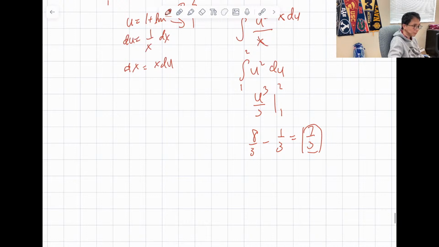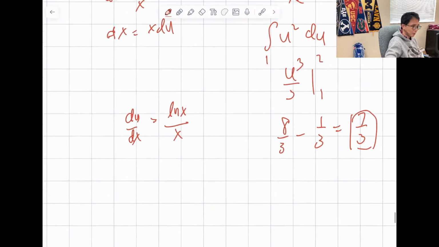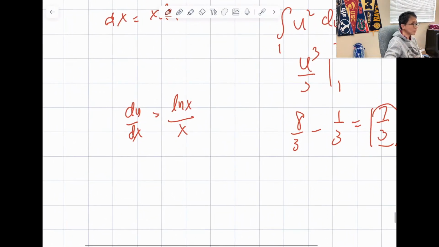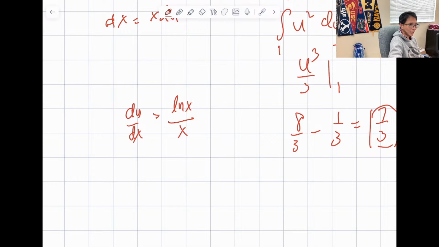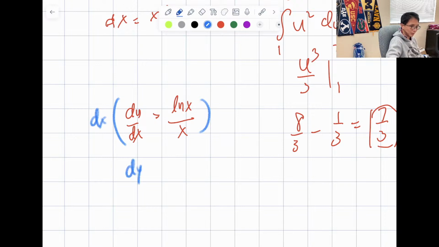Okay, dy/dx is equal to ln of x over x. Now, I like this one because you need separation of variables. So what I mean by this, guys, pay attention. For separation of variables, you have to multiply dx on both sides. Why? Because you're going to get dy equal to ln of x over x dx. After that, you can take an integral.